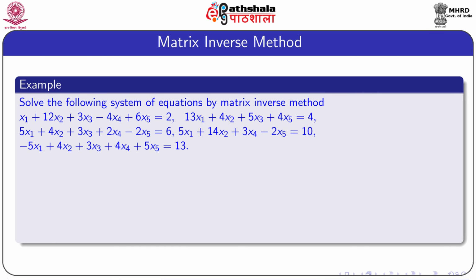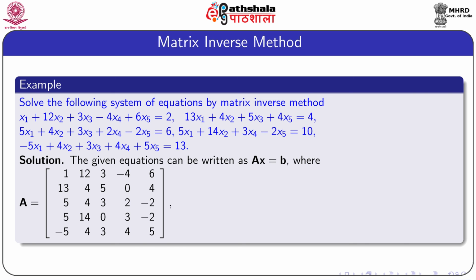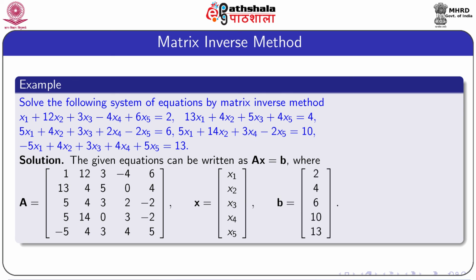So, in this example we consider 5 equations and 5 variables x1 to x5, and the coefficient matrix of this system of equations is this one. The size of the matrix is 5 by 5, the variable vector is x1 to x5, and the right hand vector is 2, 4, 6, 10, 13. So, these vectors are already available.